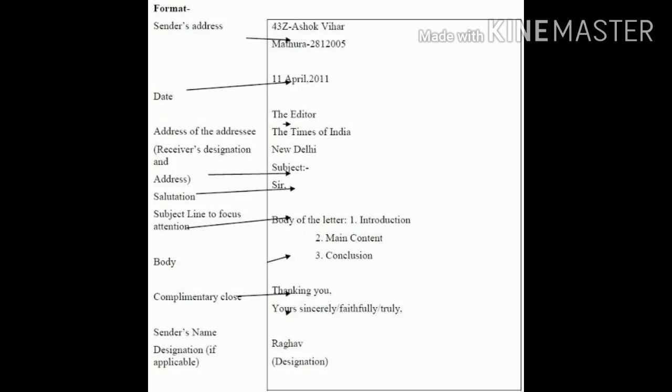The first paragraph is the introduction, then the main content, followed by the third paragraph, the conclusion. After that we give the complimentary closing like Thanking you, followed by a comma. Then we leave a space and give the subscription like Yours sincerely, truly or faithfully, and after leaving a space we give a signature followed by the writer's name.